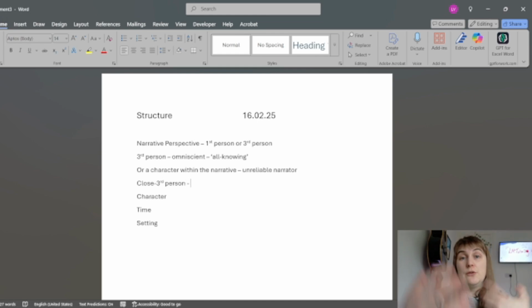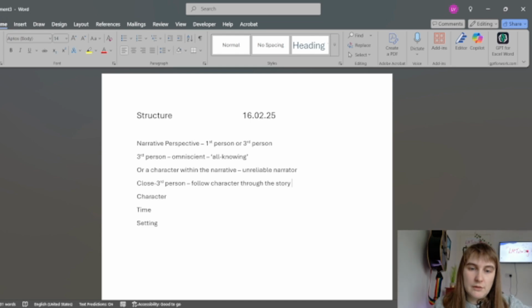So we still follow one character, or we might move from one character to another, but we're still following a character through the story. Again, that changes how we read it a little bit, because we're seeing it from that character's perspective. Obviously, with first person, we're always doing that.